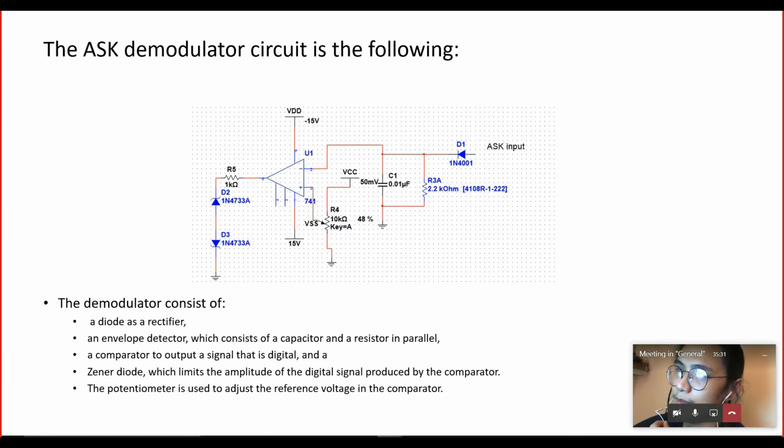If the output of the envelope detector is higher than the reference voltage, the comparator will output a negative 15 volts, which will be regulated by the Zener diode pair into a negative 5 volts.